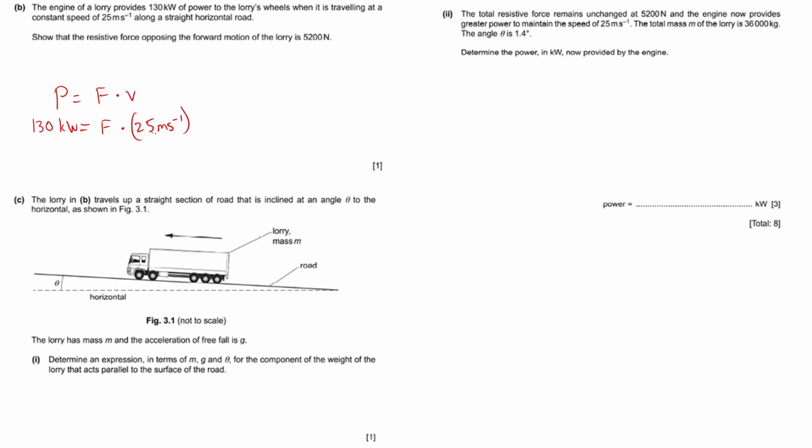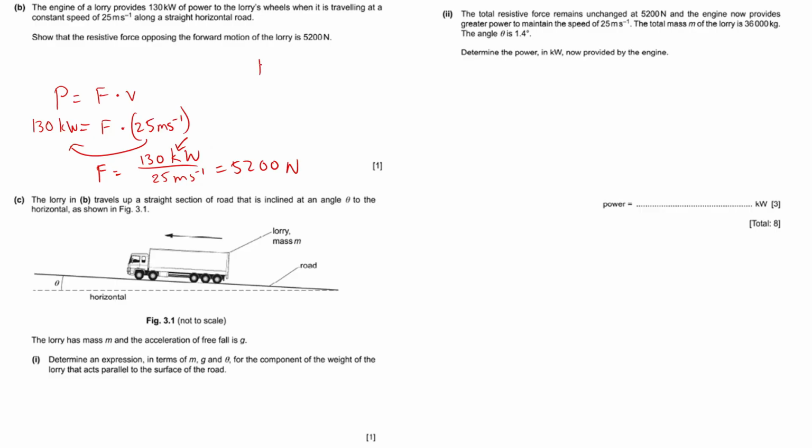So all we need to do is move this 25 meters per second to the other side, and then we get F. So then F is equal to 130 kilowatts over 25 meters per second. If you divide this, you will get 5,200 newtons.